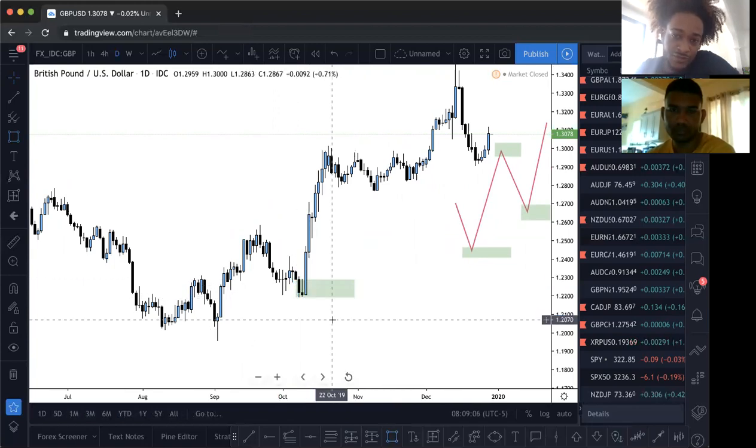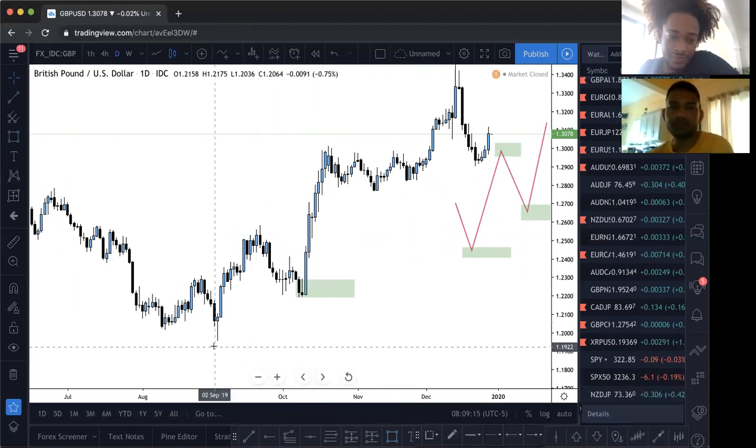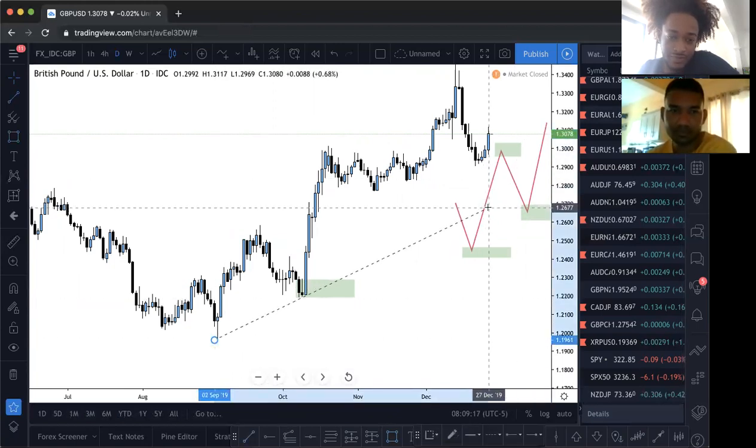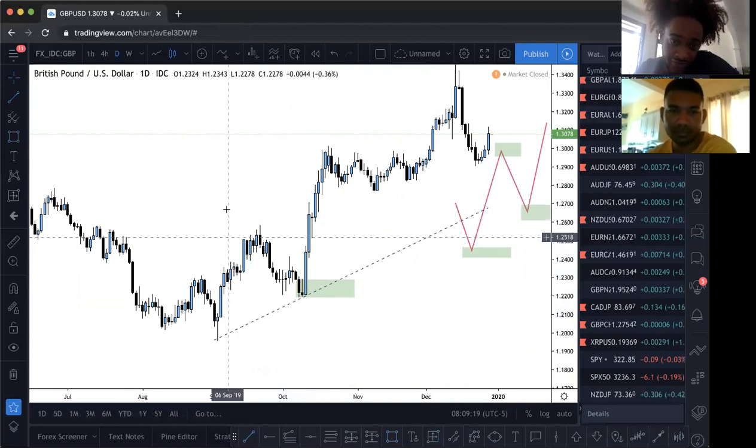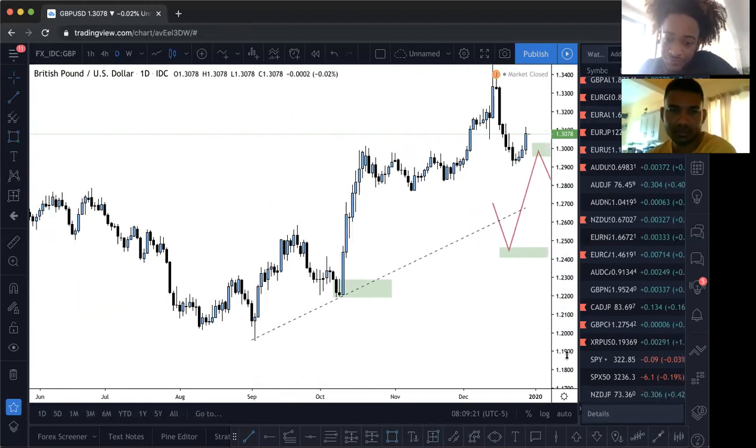What kind of zone is that? That's a demand zone. You draw a trend line here.